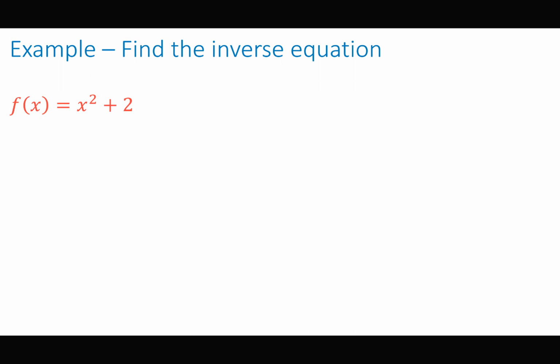Okay, this was also the problem from the warm-up, and we confirmed that this is not 1-to-1. So it does not have an inverse, but let's prove that this does not have an inverse. Okay, so y equals x squared plus 2.